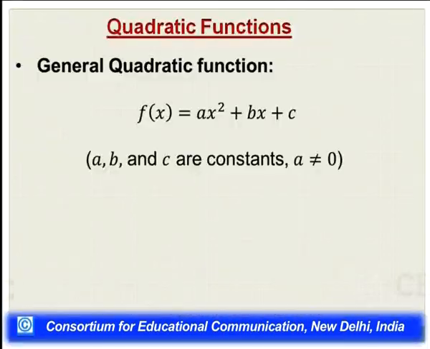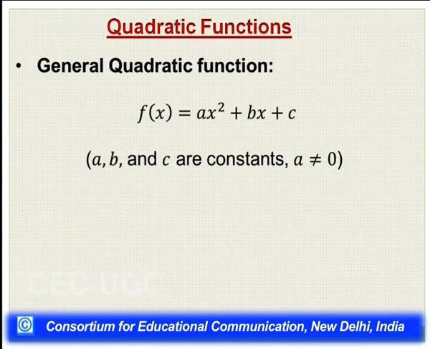If you take a look at the slide that I'm showing right now, a general quadratic function is of the form f of x equal to ax square plus bx plus c, where a, b and c are constants. In particular, there are two things that you should note here. The first is that the highest power of the variable x in this function is 2.